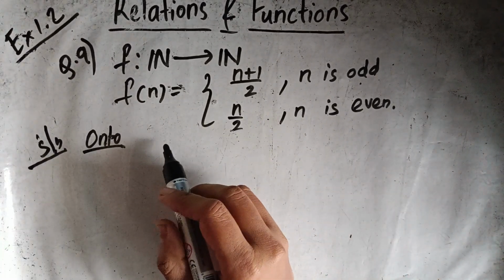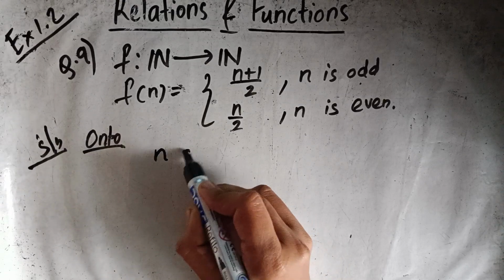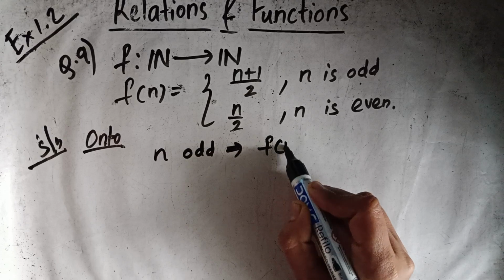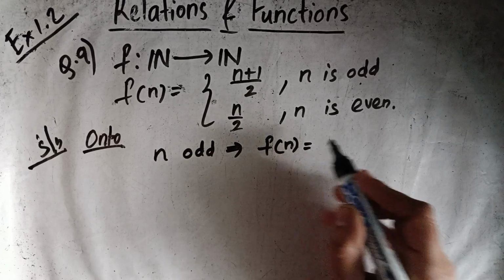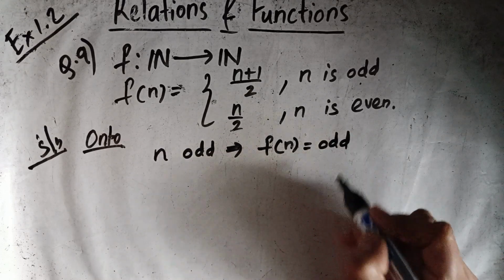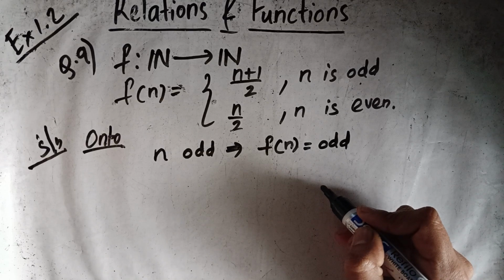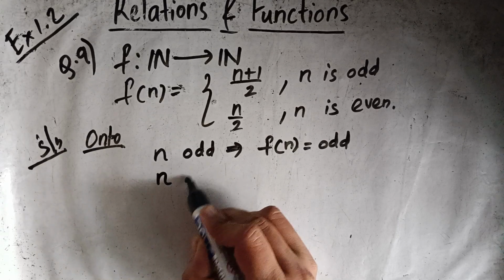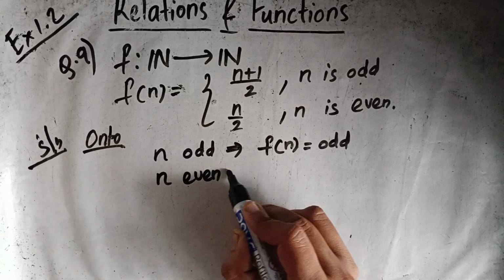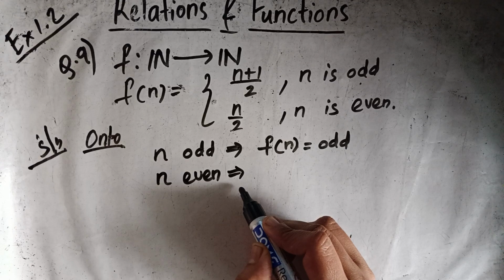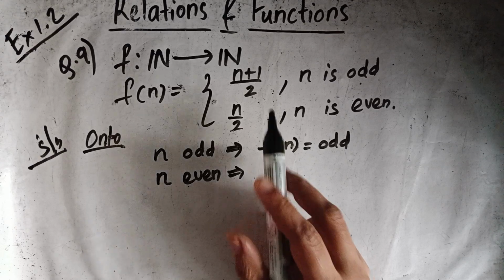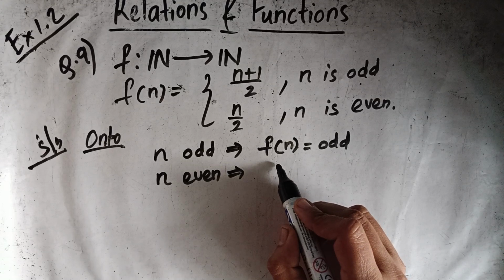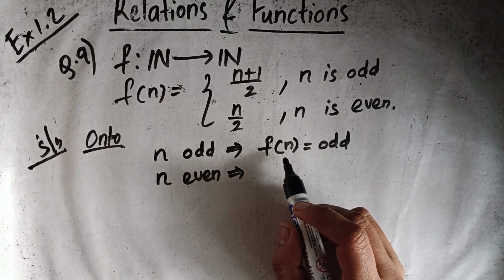So when you take n odd, you get f of n. And when you take n even, it depends upon the number.